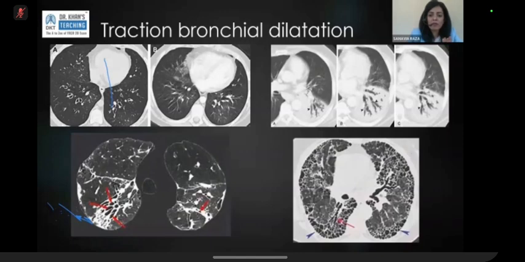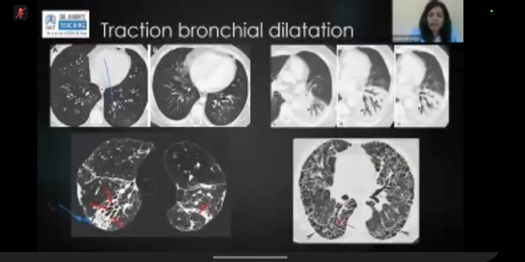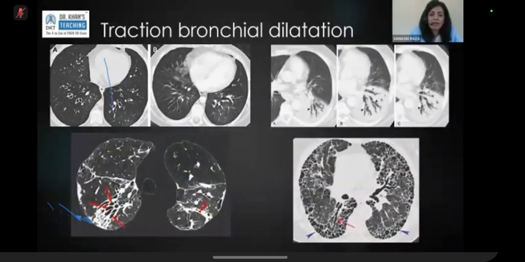If there is something wrong with the musculature or the wall of the bronchus itself, and over time it dilates, that's called primary bronchiectasis. If it dilates because there's something pulling it around it, either that's an acute abnormality or that's a permanent abnormality, that is no longer called bronchiectasis.